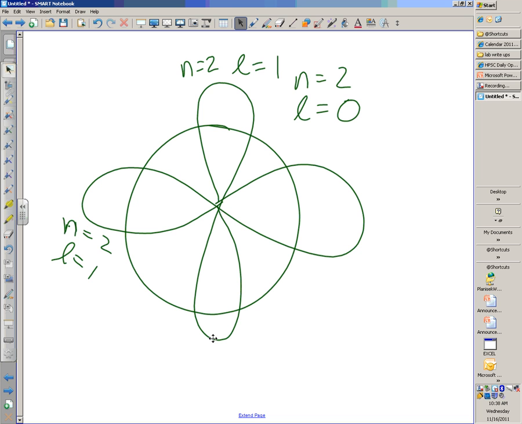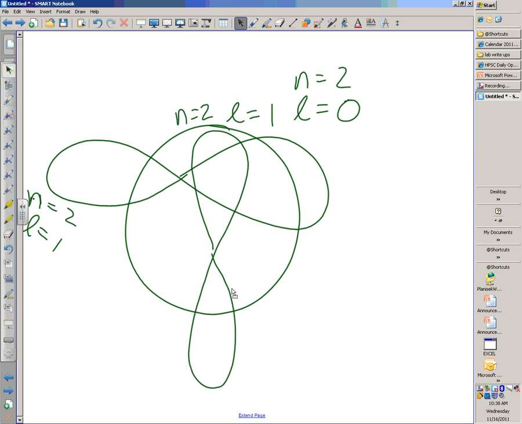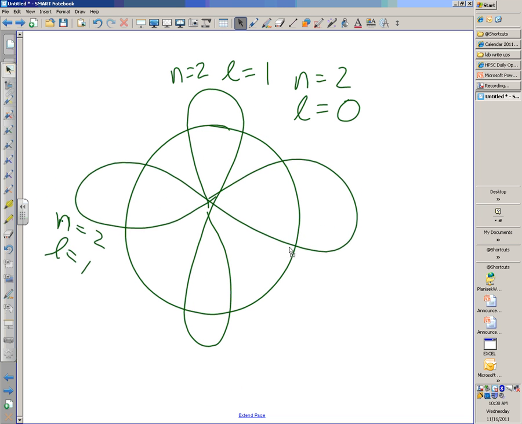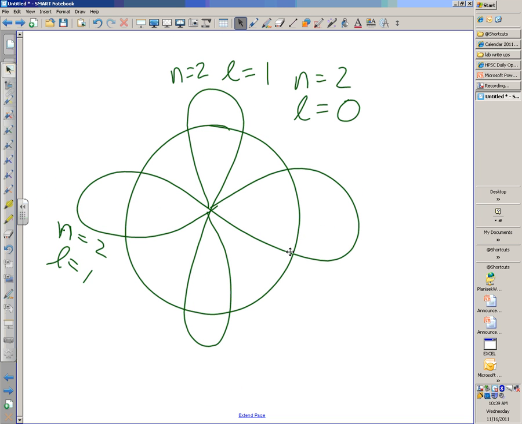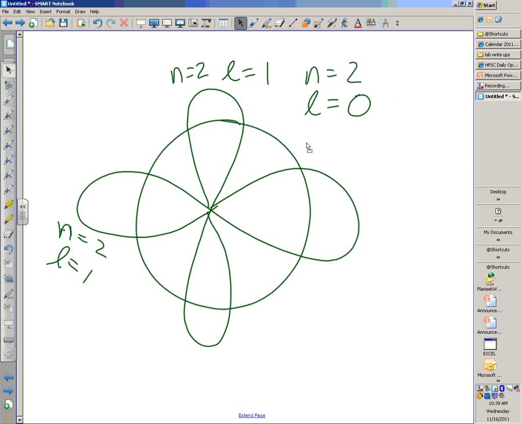They're both the same color, meaning they're both in the same principal energy level. Electrons that exist within these p orbitals live in the same city. These two live on the same street because their L values are the same. But this one lives on a different street.